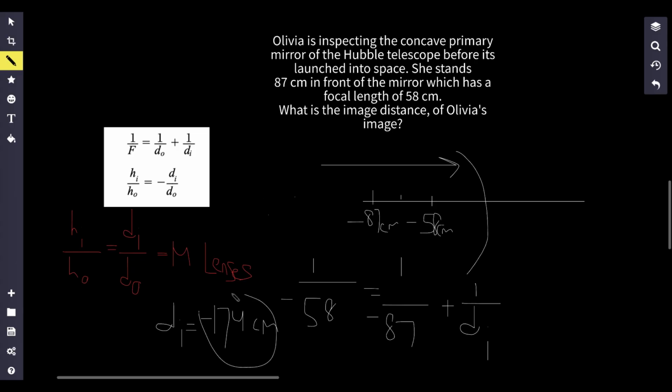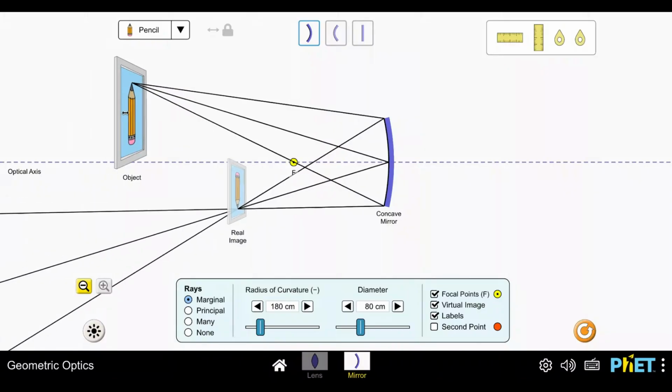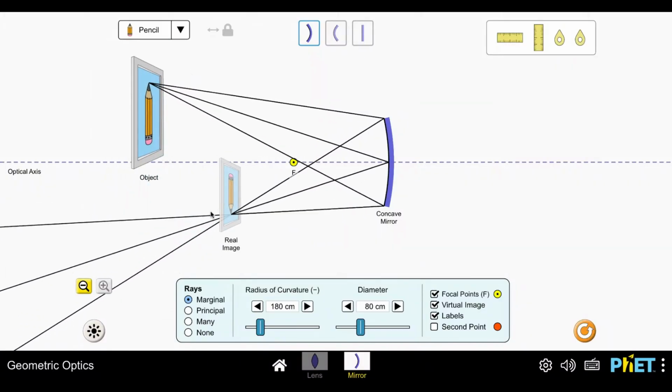And that answer makes sense because negative values mean that it's on the same side as the light. So negative 174 would land here. And therefore, this would be a real image because it's on the same side as the other values. If you have a real image for a mirror, it's on the same side as the direction where the light is coming from.